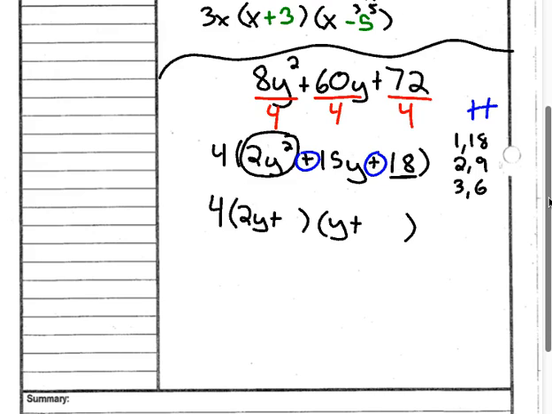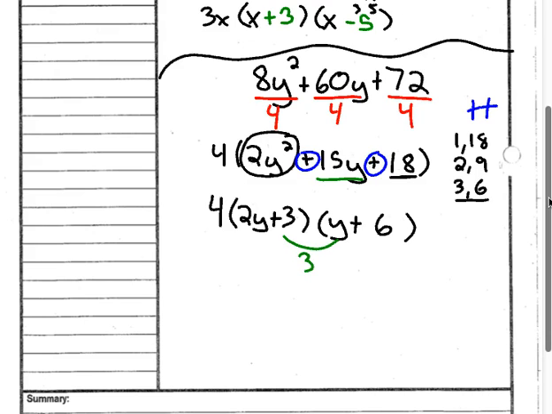And now it's just a matter of going through, checking all the combinations that I can. All right, so I'm going to start at the bottom of my list this time. I'm going to start working with the 3 and the 6. Okay, so 3 and 6. And let's check those combinations to see if we can get that 15y.